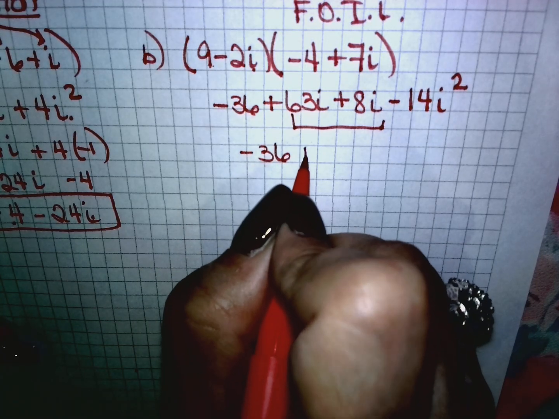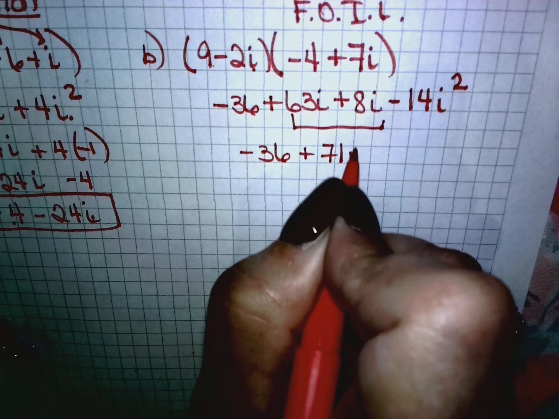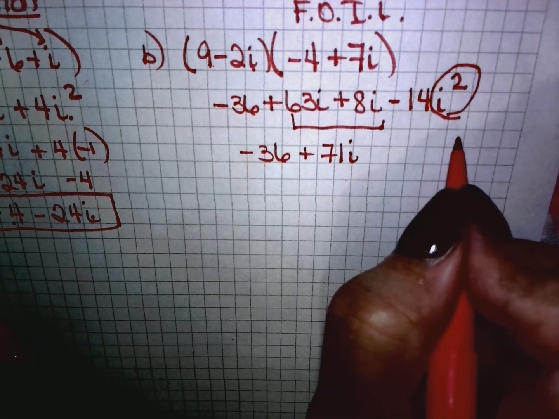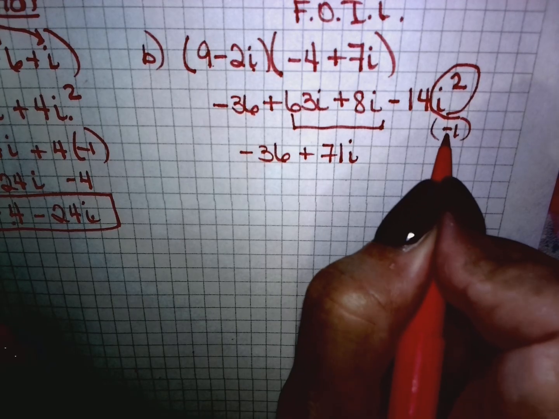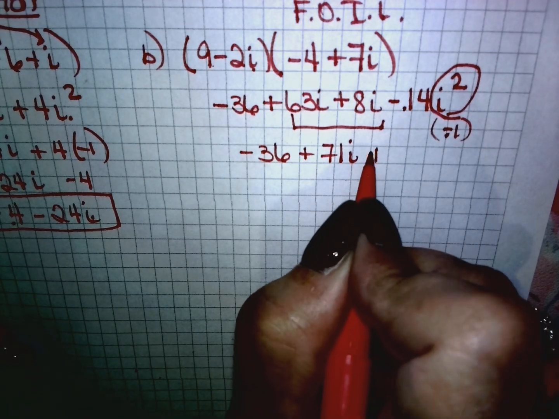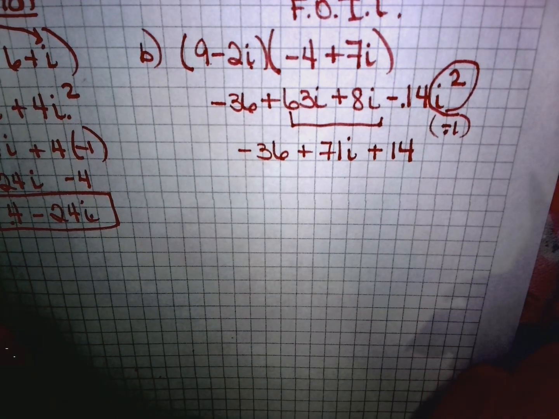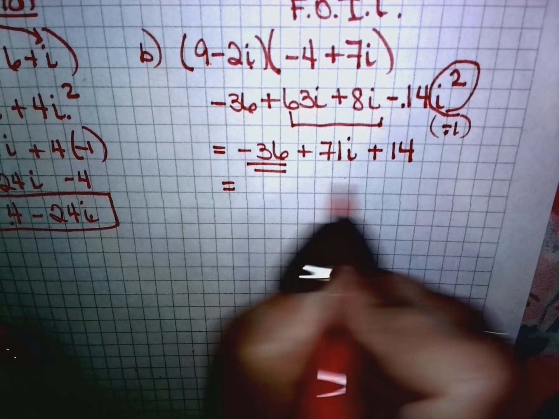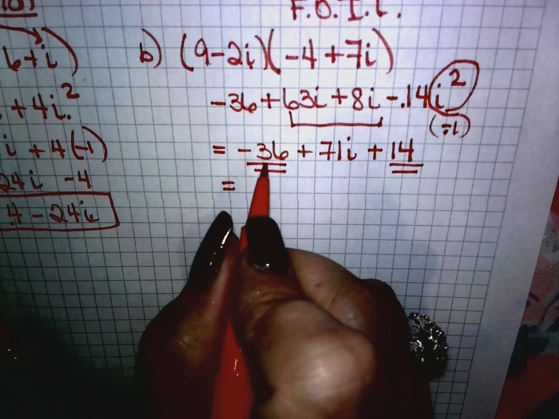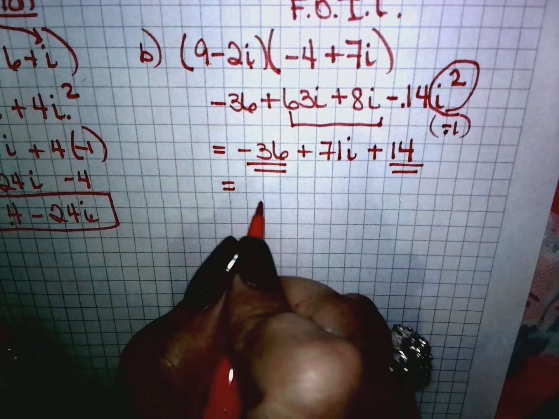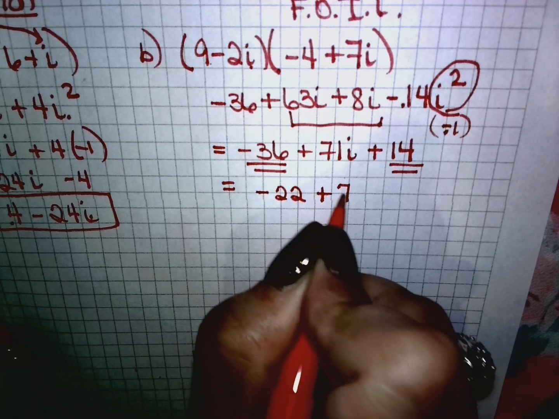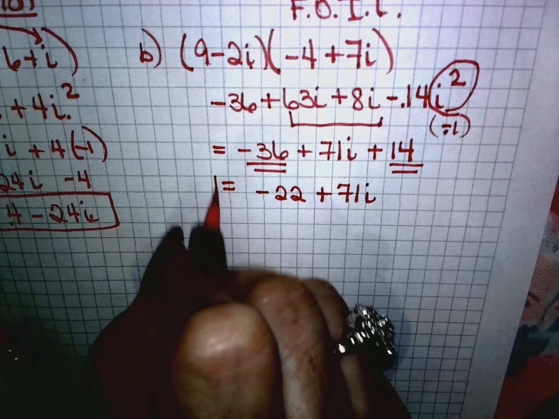That's going to give us 71i. And this i squared must be replaced with a negative 1. So negative 1 times negative 14 is positive 14. Finally, the real parts have to be added together. So negative 36 and 14, that's going to be negative 22. And then your imaginary part goes second.